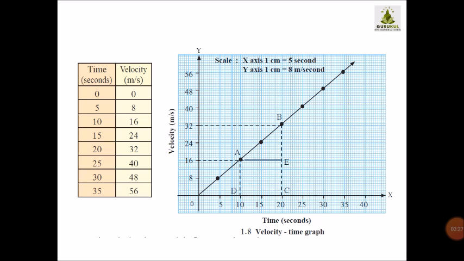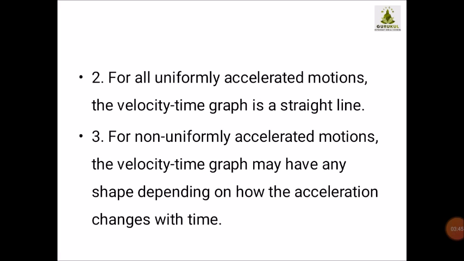And if it is non-uniform, then depending upon the changes, sometimes your graph will go up, again the slope will come down, again it will go up. So there will be a change depending upon the changes in velocity. In the non-uniformly accelerated motion it varies, whereas in uniformly accelerated motion the velocity time graph is always a straight line. Okay children, please read the textbook and see the videos as much as possible, so your concepts will be more clear.